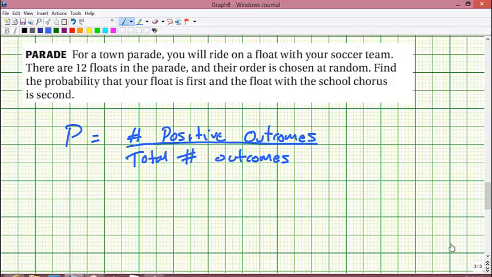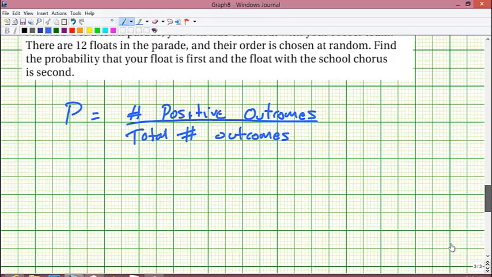We're going to start with the total number of outcomes first. There are 12 floats in the parade. What is the total number of ways that these can be arranged? Well, we've already looked at this. The total number is 12 factorial. With 12 different floats, you can arrange them in 12 factorial different ways.